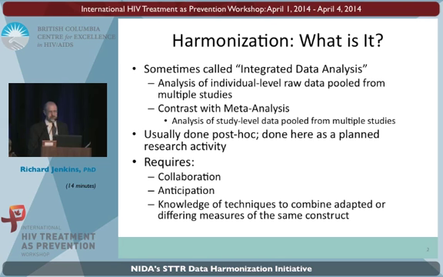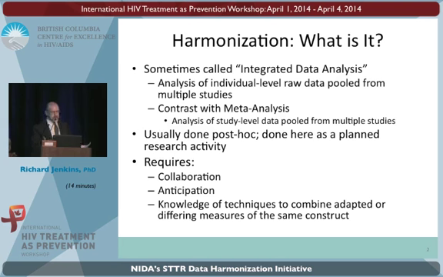I won't be spending much time with that, but it is an important part of the step. If you've tried to combine data where there are different methods for case ascertainment, different paper and pencil questionnaire measures of certain constructs, you've probably gone through this process. There are a variety of techniques like item response theory that have been developed to enable people to use somewhat different measures or adapted versions of the same measure to look at the same construct.